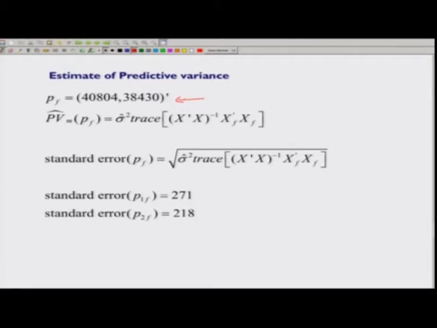And in order to calculate the standard errors, you may recall that we had obtained the predictive variance like this, and once I substitute the values of x1f, x2f and the earlier given values of X matrix, we obtain the standard error of the first forecasted value as 271 and the standard error of the second forecast as 218.